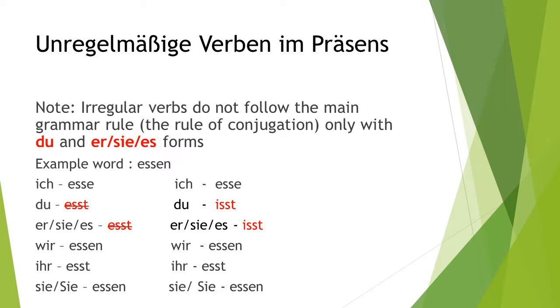But this is not correct because essen is an irregular verb, and with du and er, sie, es forms, so with you and he, she, it form, this verb will not follow the main conjugation rule that we have learned so far. And now I will also provide you with some other verbs which are very important in daily use that are also irregular in present simple tense form.